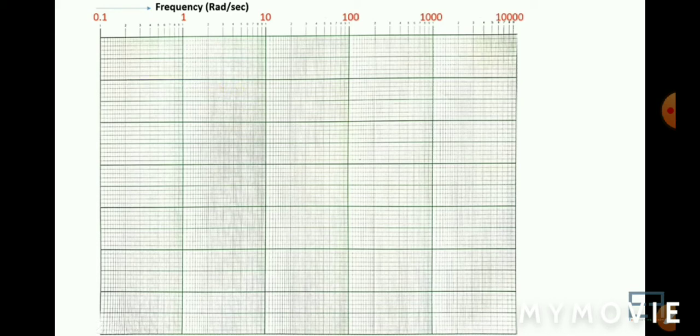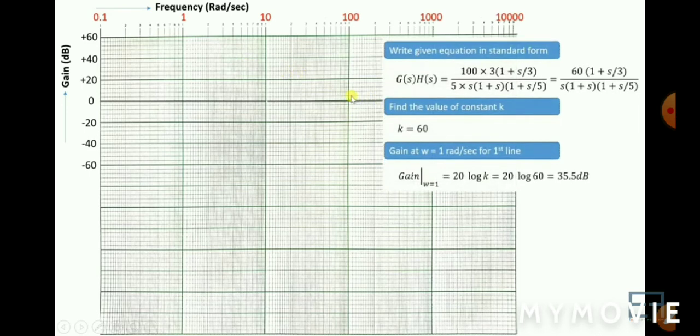Now omega equals 1, this is 1. We will take one reference line. Reference values 0, plus 20, plus 40, plus 60, minus 20, minus 40, minus 60, right.